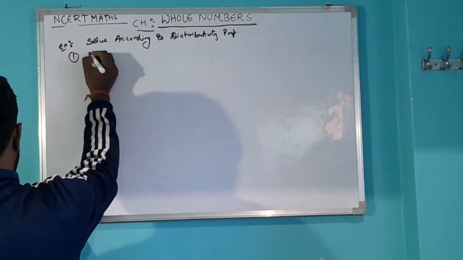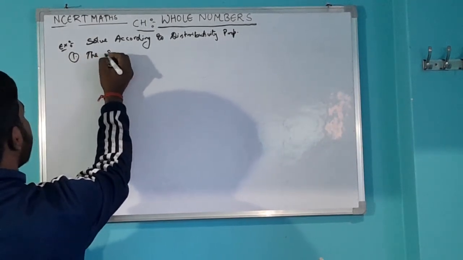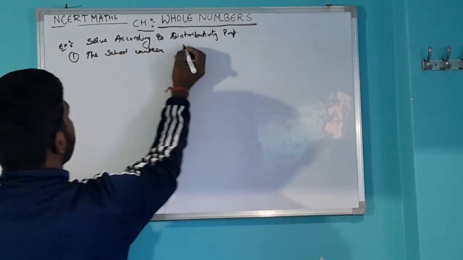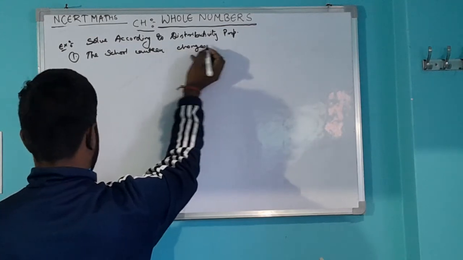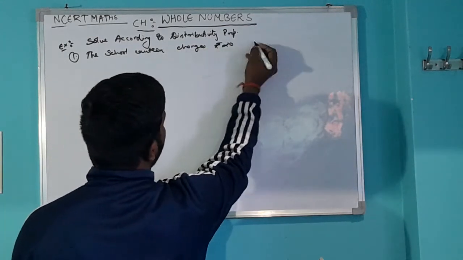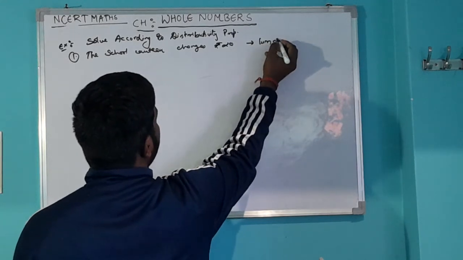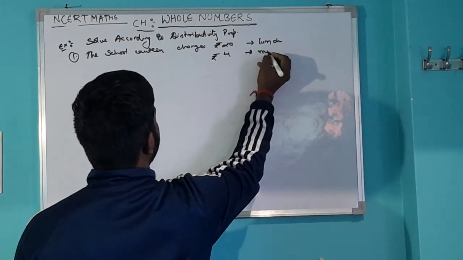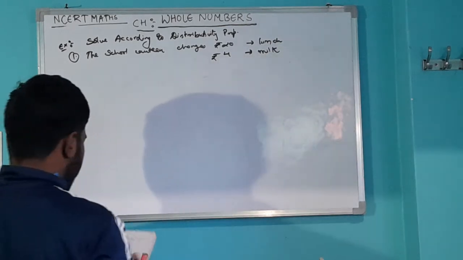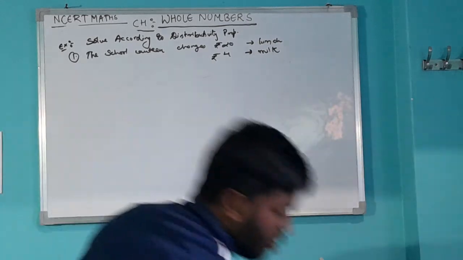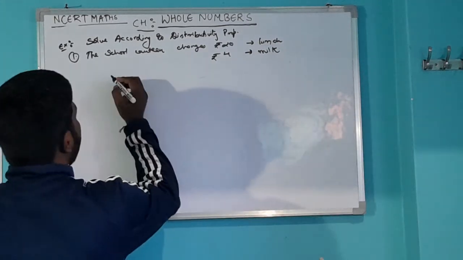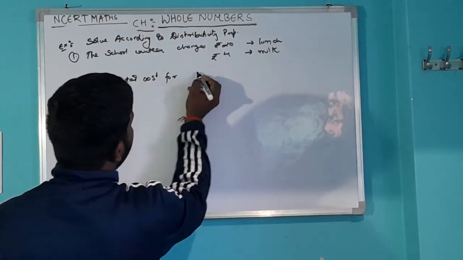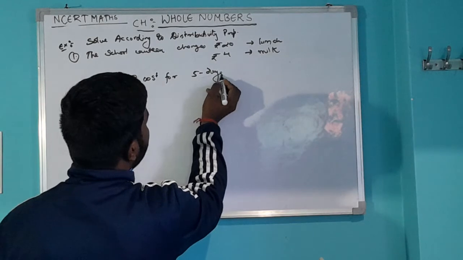The first part: a school canteen charges ₹20 for lunch and ₹4 for milk. We need to find how much money you spend in 5 days. We need to find the total cost for 5 days. This is our question.